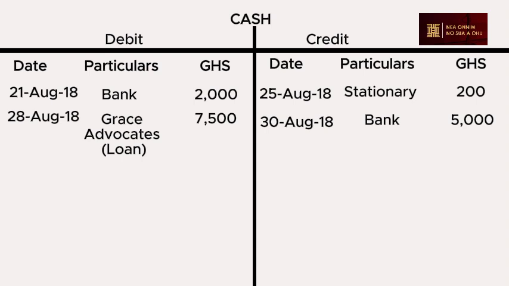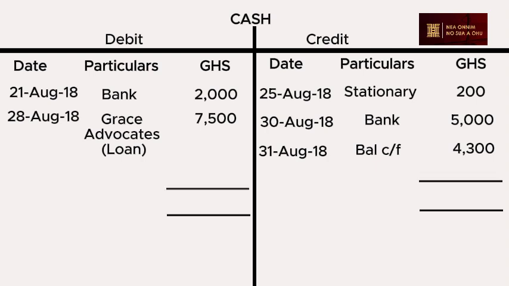And that means then that we would have to put the balance carried forward on the side of the deficit, which is the credit side, which is dated 31st August. So 31st August is going to have balance carried forward of 4,300 Ghana cedis on the credit side.